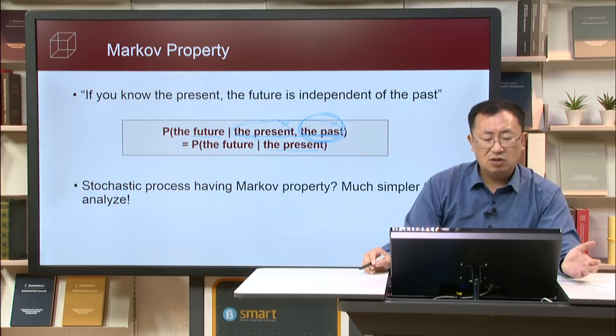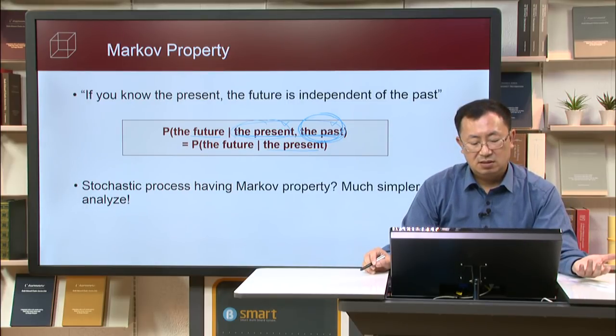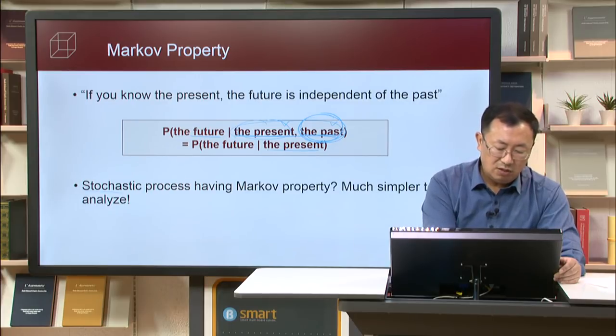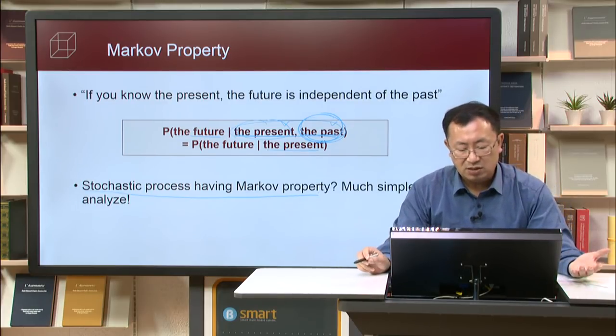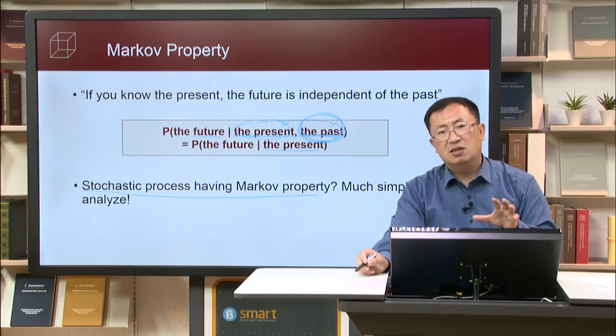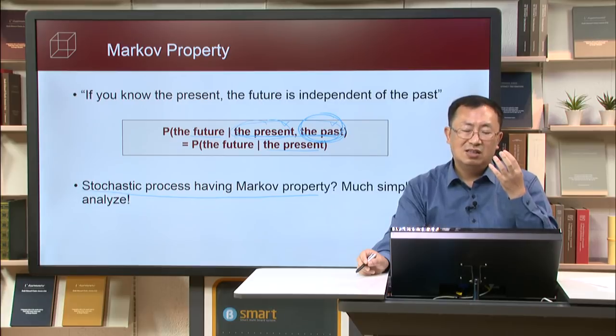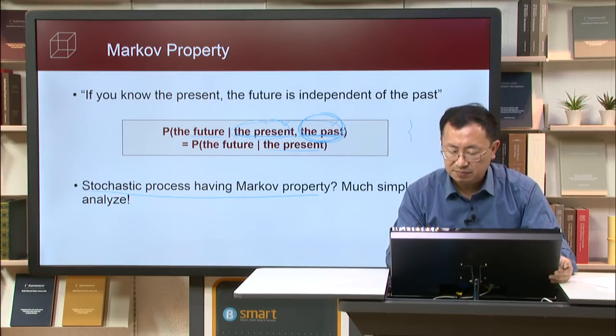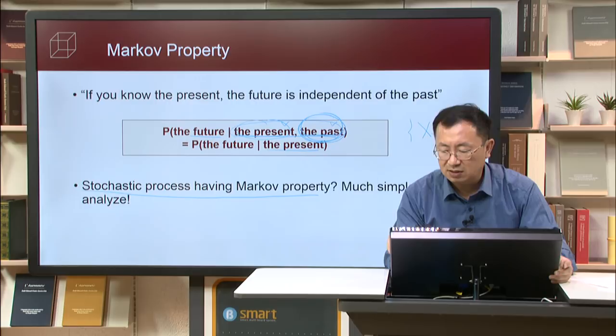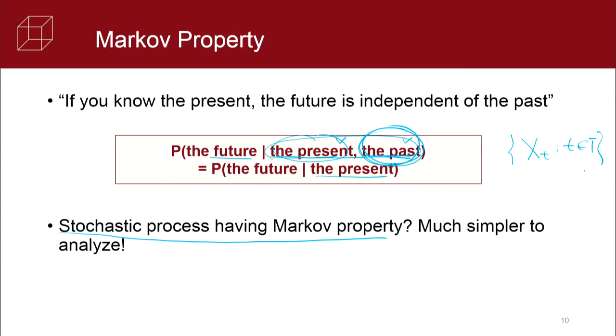So why do we talk about the Markov property? A stochastic process having the Markov property is one of the simplest stochastic process models. One of the simplest cases is the situation that Xt is IID, independent and identically distributed.